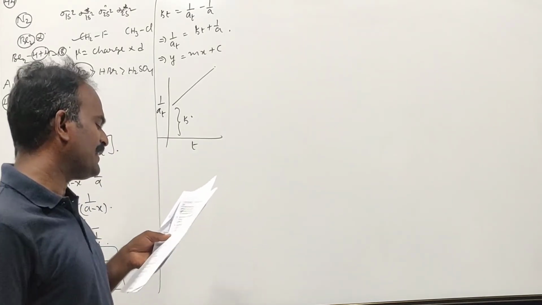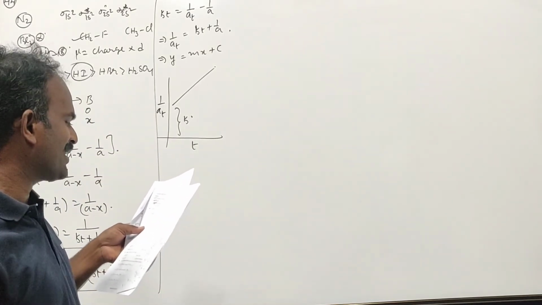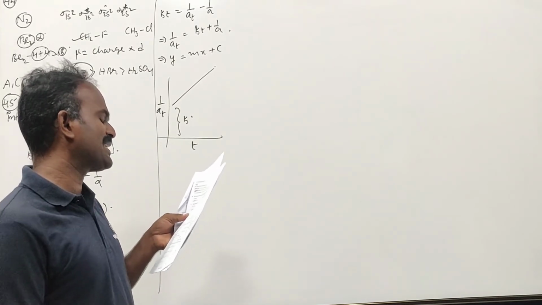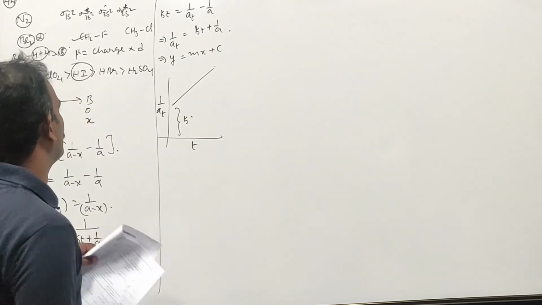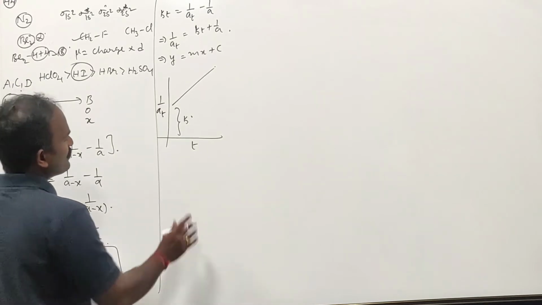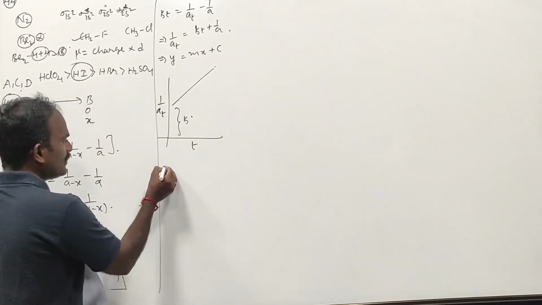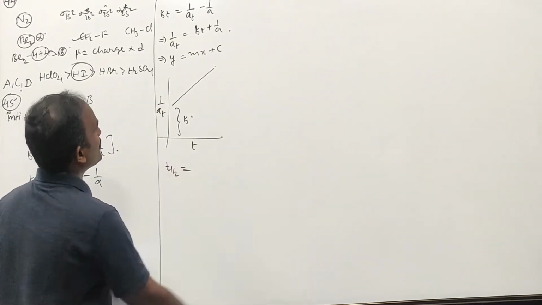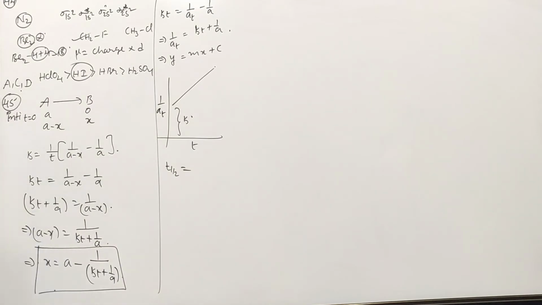Next, the time taken for the completion of 75% of the reaction is thrice the t half of the reaction. Let us check this one. As we know, t half of the second order reaction: substitute here A minus x as A by 2.